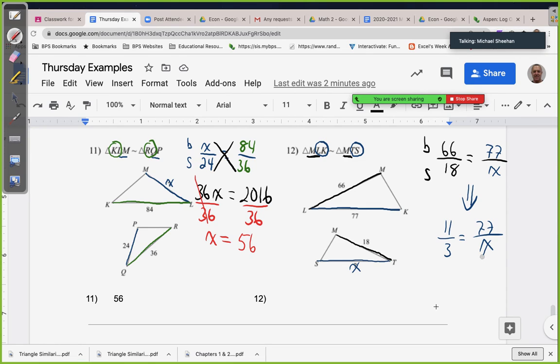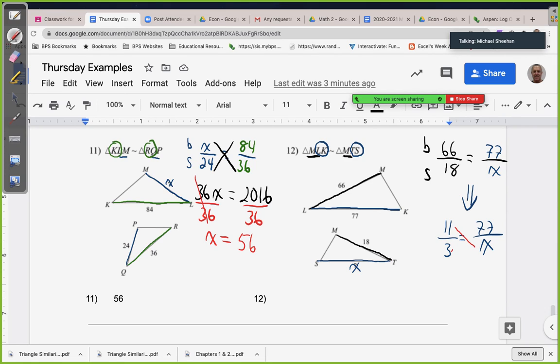So if you want to, you can go ahead and reduce, and it makes your life a little bit easier. And this particular one actually has a nice easy way now that we've reduced it. 11 times 7 gives me 77, so 3 times 7 gives me X. X is going to be 3 times 7, or 21. So if you're following what I just said, feel free to do it that way.